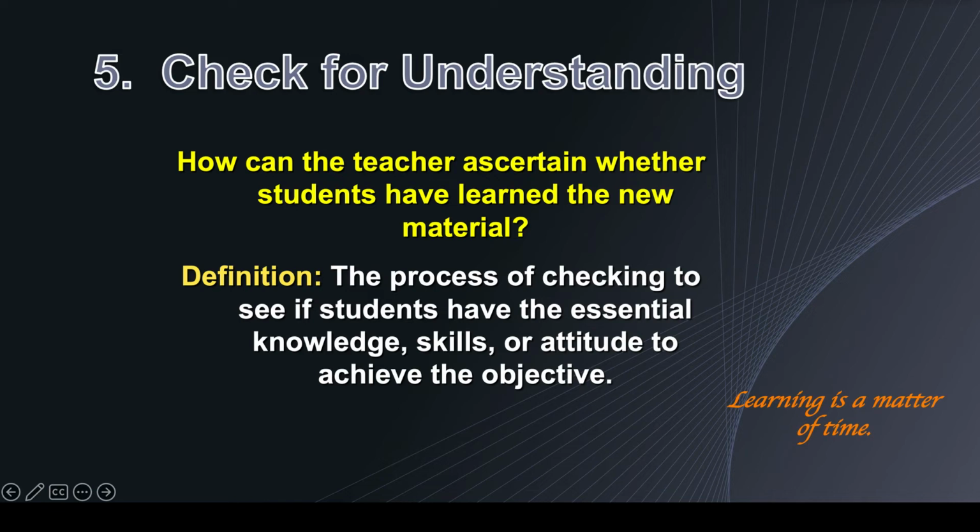Once you've shown them, you check for understanding. You check to see if kids really have learned what you thought they were going to learn. And it's a process of checking to see if they've achieved the essential knowledge, skills, or attitudes.